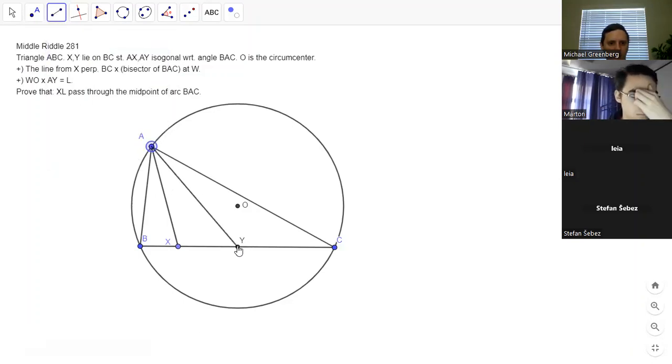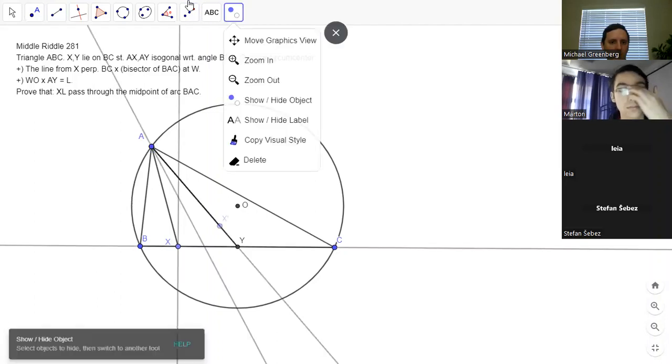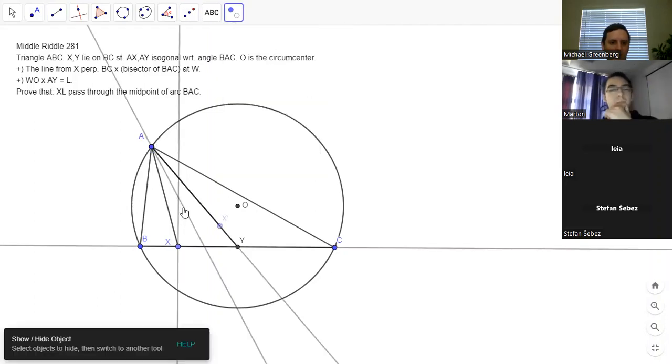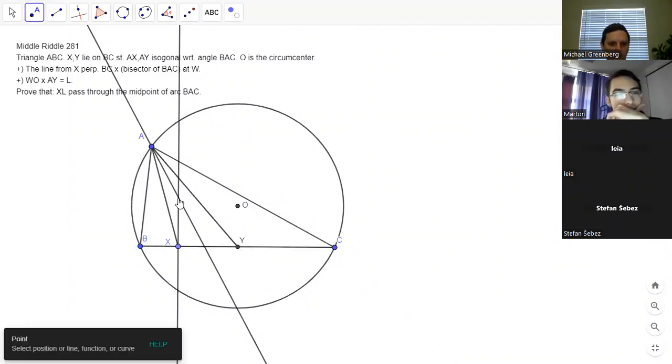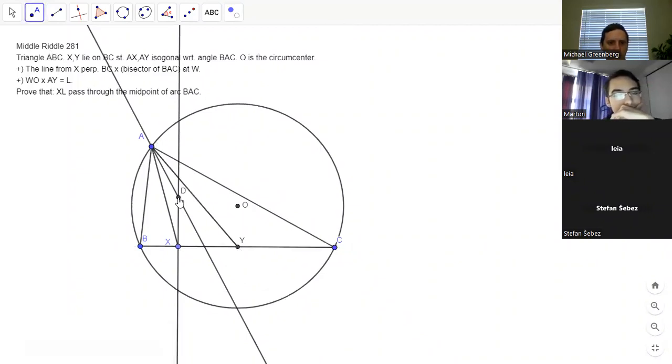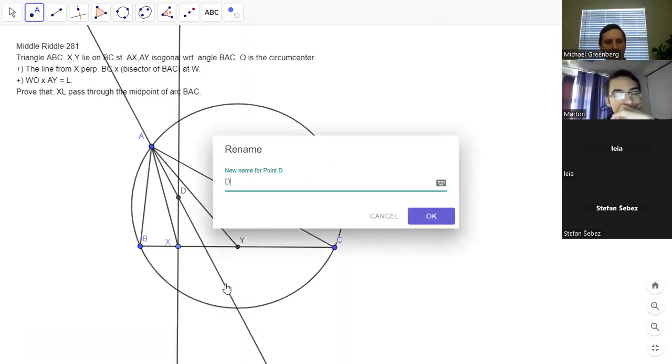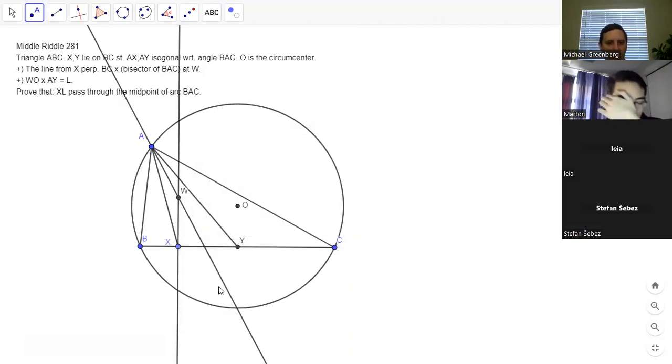The line from X perpendicular to BC, we want to see where that meets the bisector. W. Let's draw this point also.